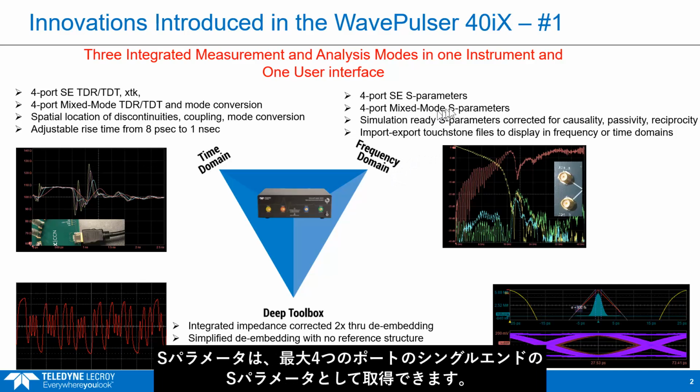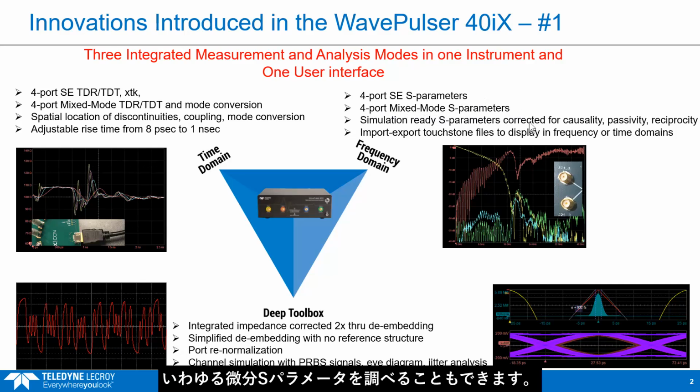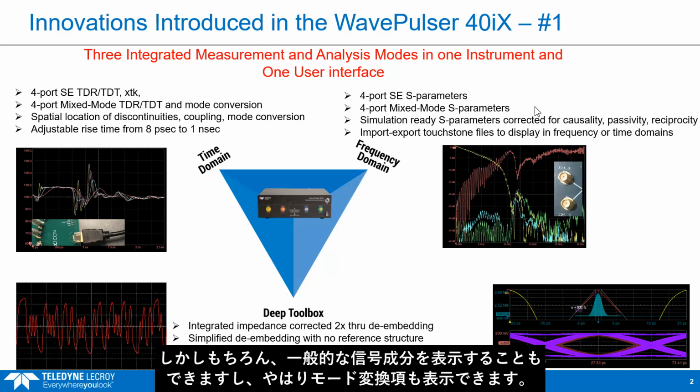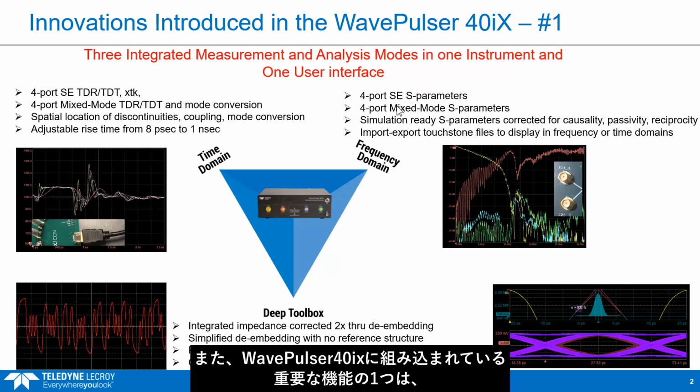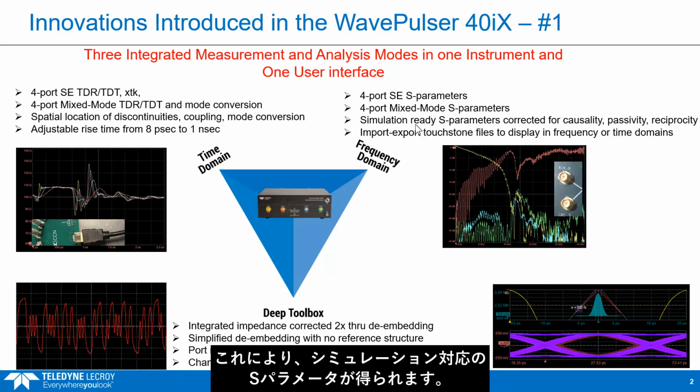We can get the S parameters as single-ended S parameters up to 4 ports, or we can convert the single-ended S parameters into the mixed mode S parameters to look at what are sometimes referred to as the differential S parameters, but of course we also can display the common signal components and again the mode conversion terms. And one of the important features built into the WavePulsar 40iX is the ability to take those measurements and correct them for causality, passivity, and reciprocity so that we deliver simulation-ready S parameters.